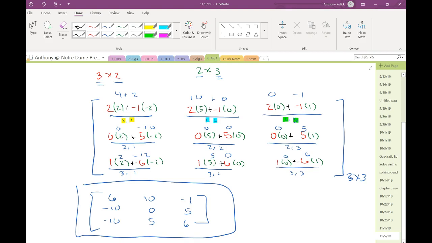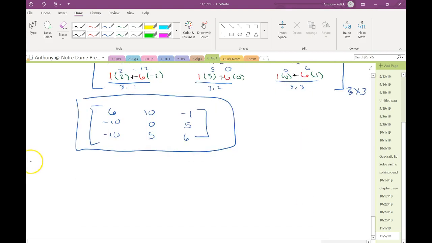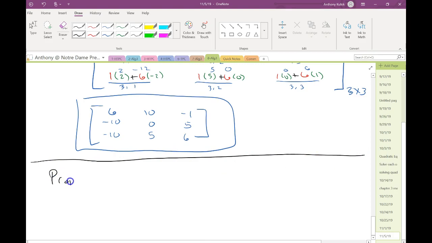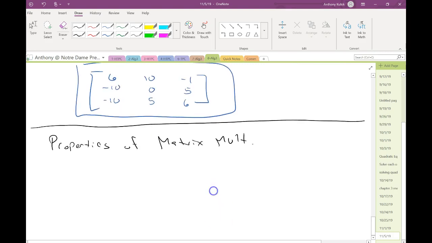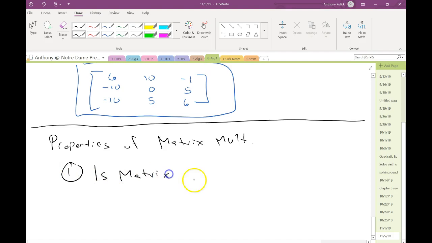Okay. It's time to start asking some properties questions about matrix multiplication. And we'll start with the first question. Is matrix multiplication commutative?